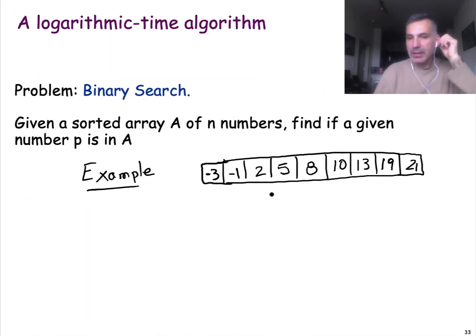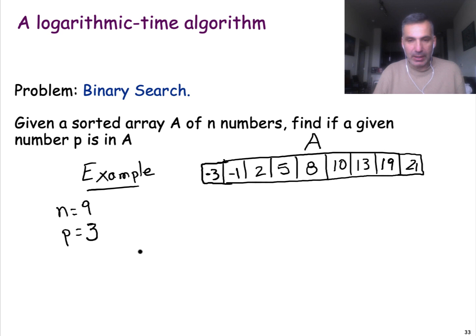So let's look at an example. Suppose that this is my array A. It has 9 elements, and suppose we are looking for the number 5, or actually let me make it 3, so that it is a number that we cannot find.